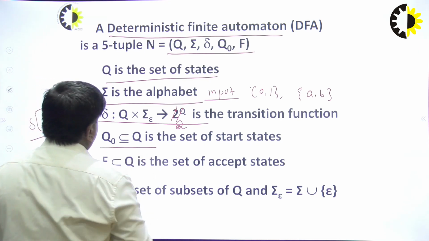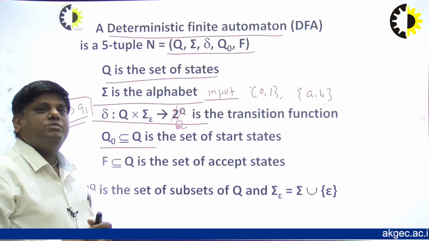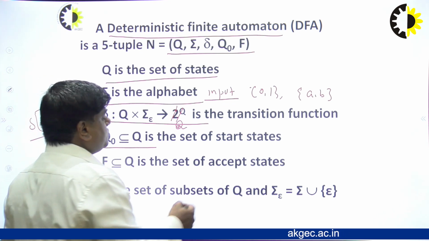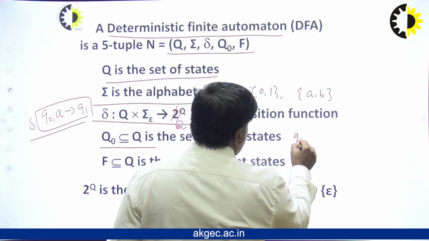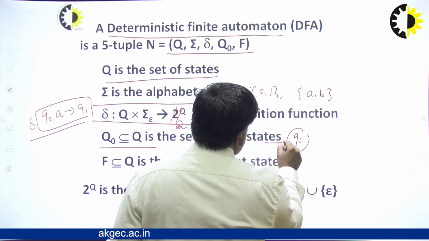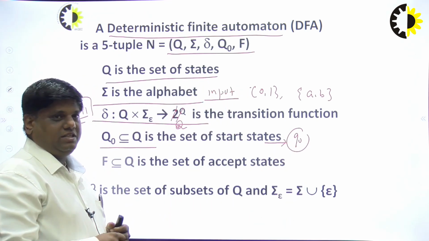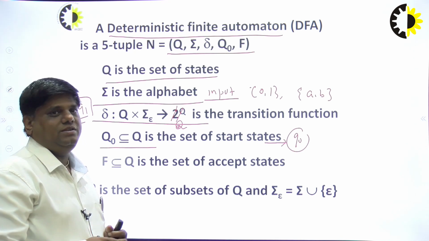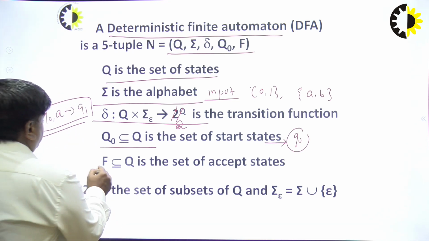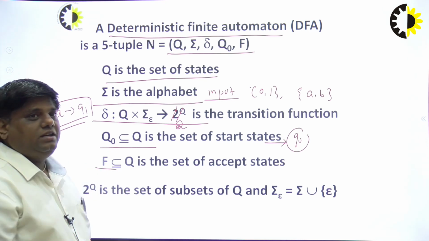Now, what is Q naught? Q naught is the initial state of the machine. In this diagram, Q naught is represented as the initial state of the machine, and F is your final state.